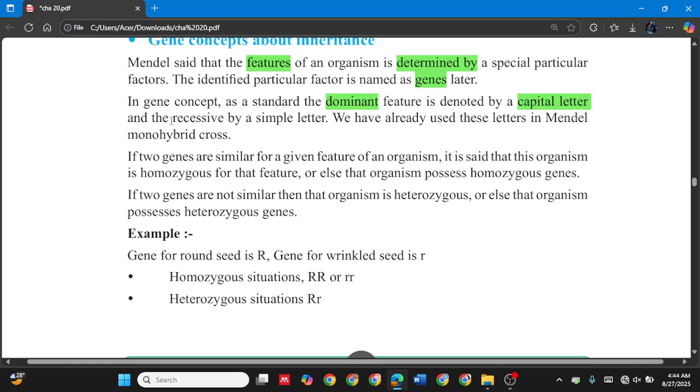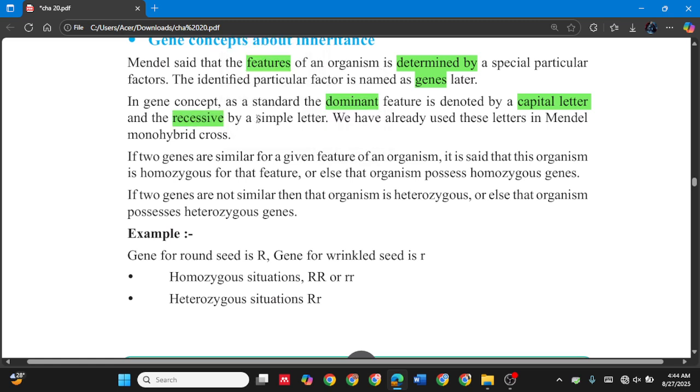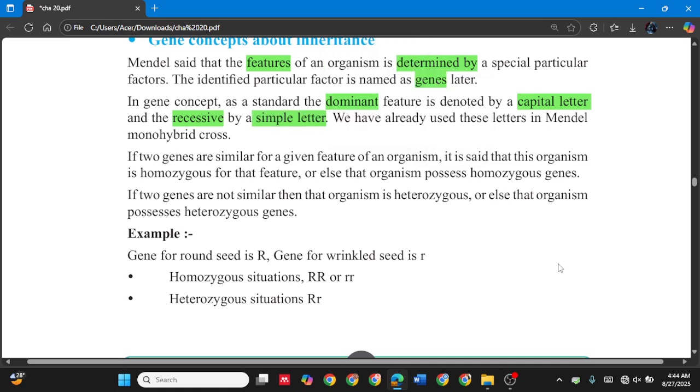And if it is the recessive feature, it is denoted by a simple letter. We have already used these letters in Mendel's monohybrid cross, the Punnett square and monohybrid cross.